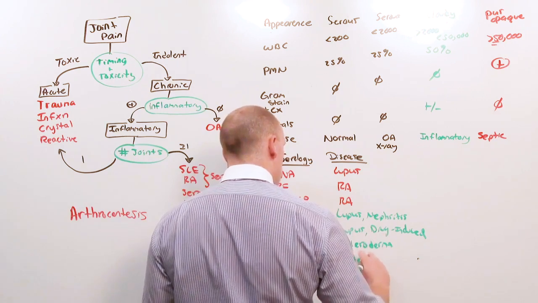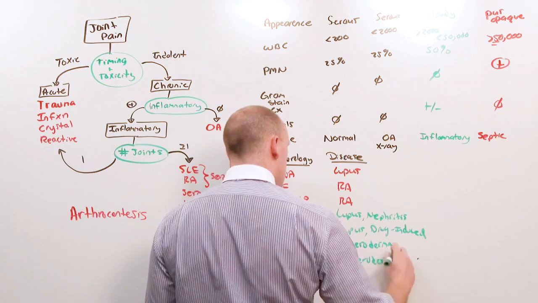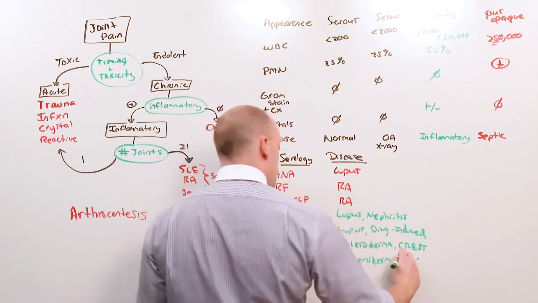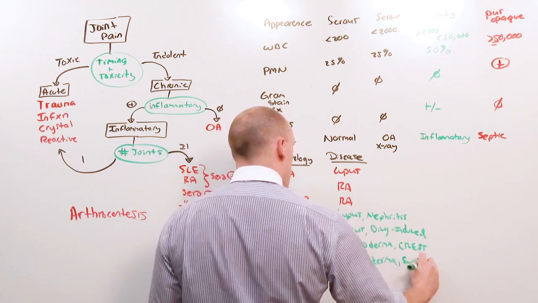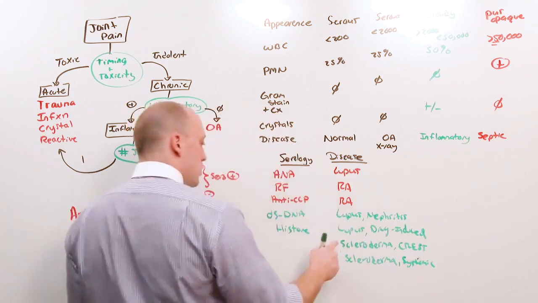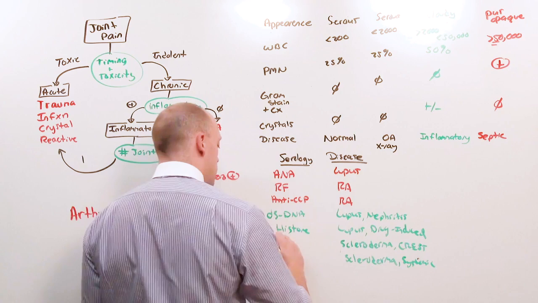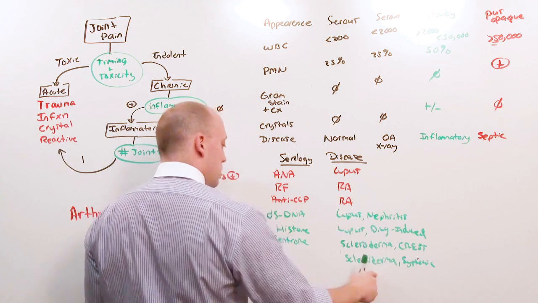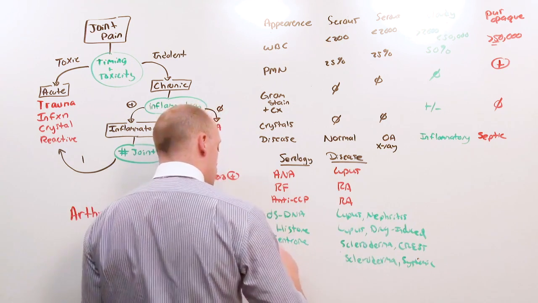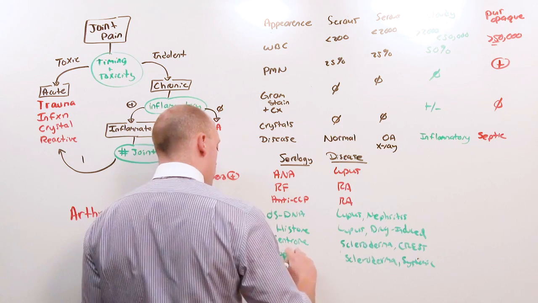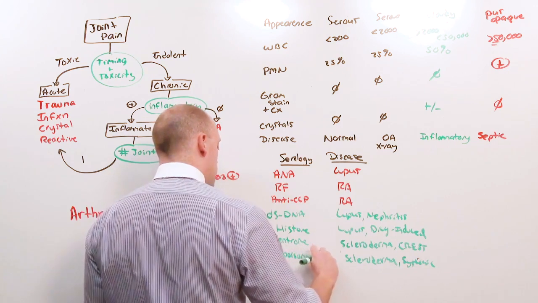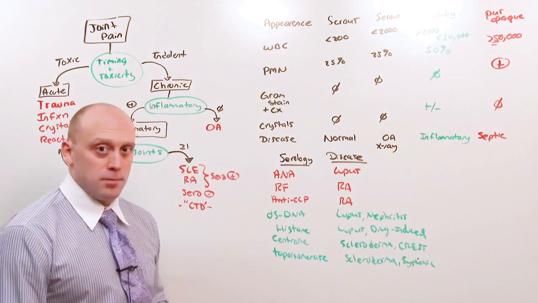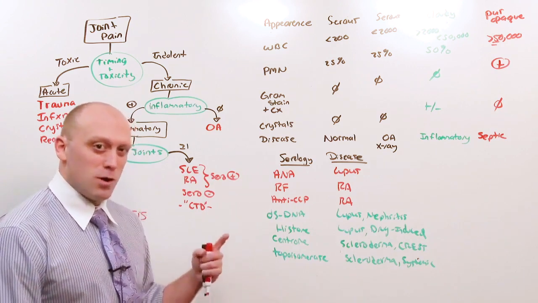But scleroderma is not one disease. It's actually two diseases. There's the isolated form called CREST, and then there's the systemic form. CREST is associated with anti-centromere antibodies, and systemic sclerosis, systemic scleroderma, is associated with topoisomerase, also called the SCL70.